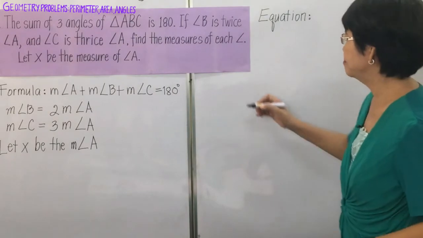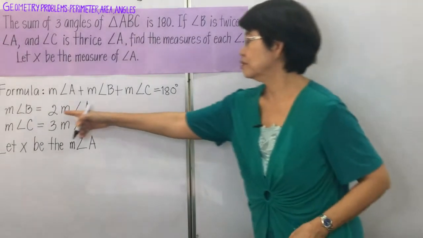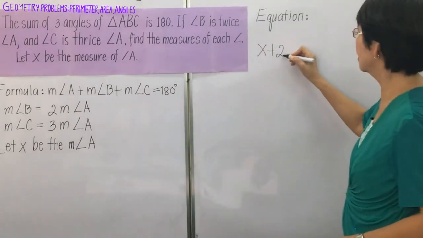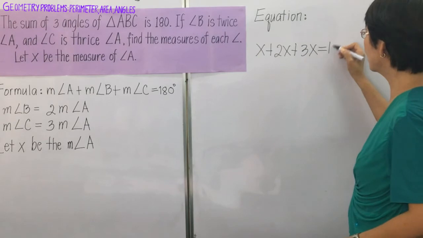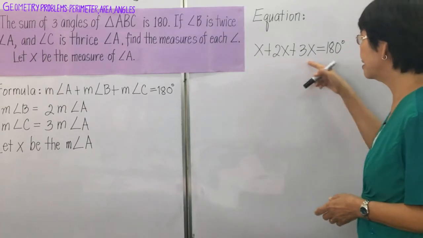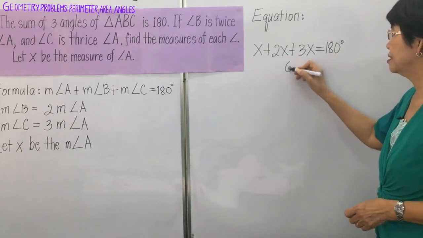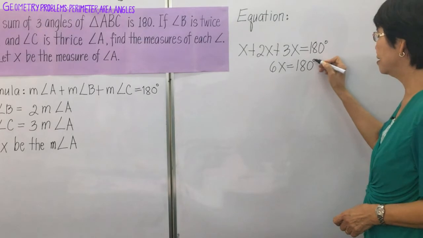So we have x plus 2 times x plus 3 times x is equal to 180 degrees. Then adding this, we have 6x is equal to 180 degrees.